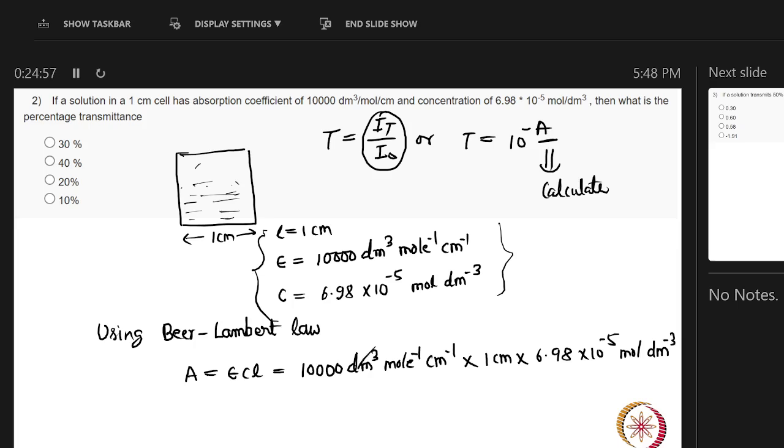So this will be cancelled out. First we will deal with the unit, and then this will be cancelled out, and this will also be cancelled out.